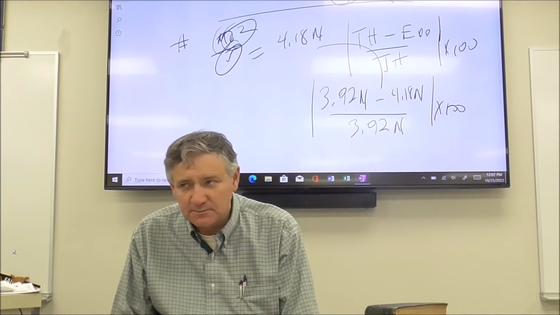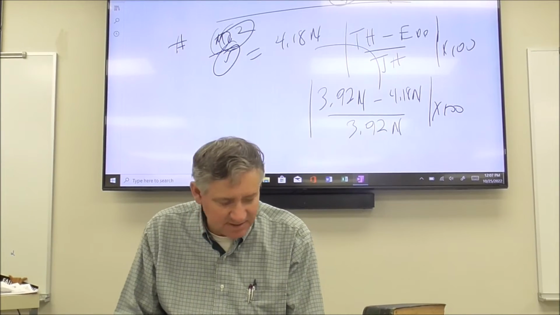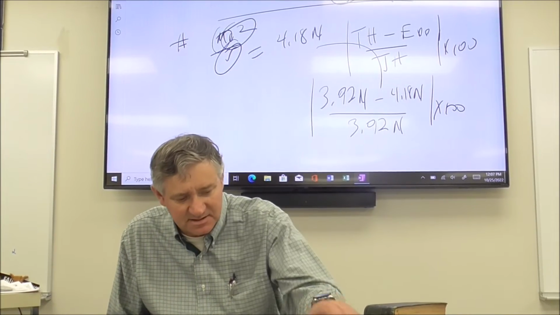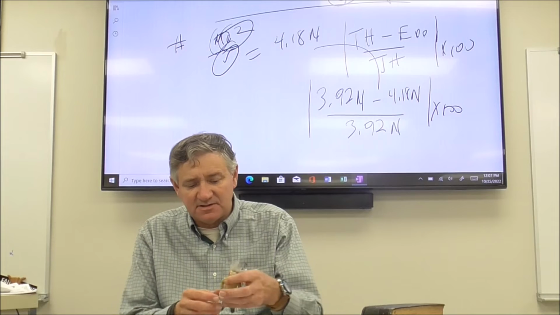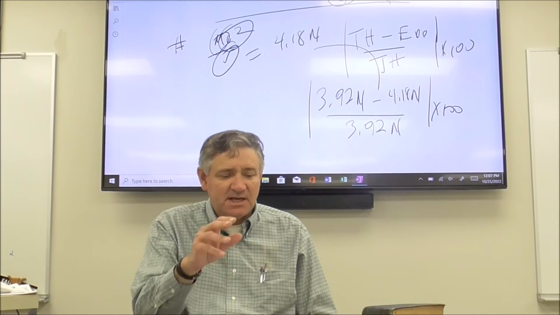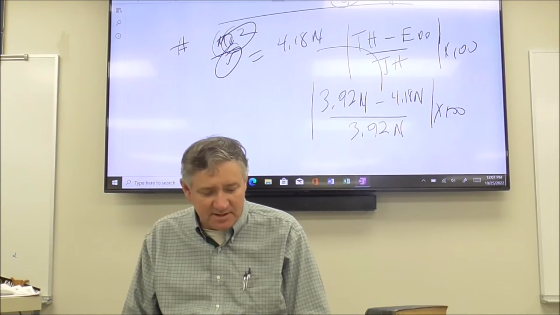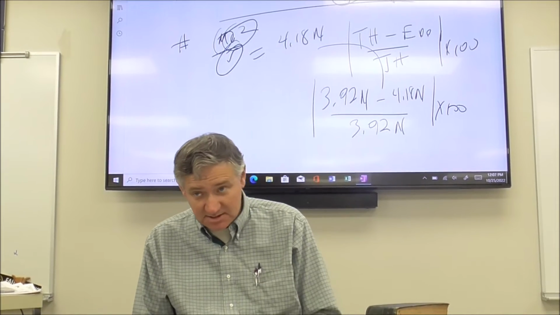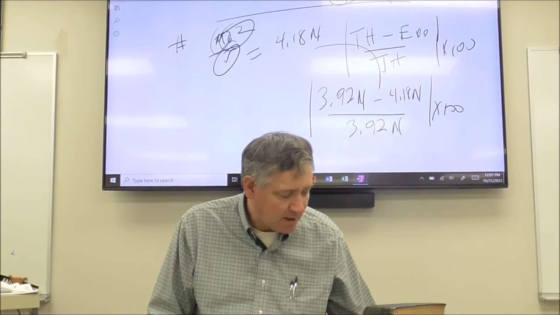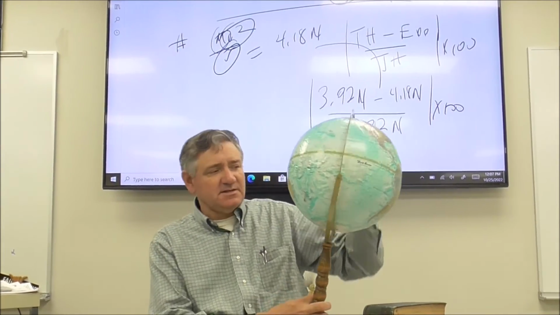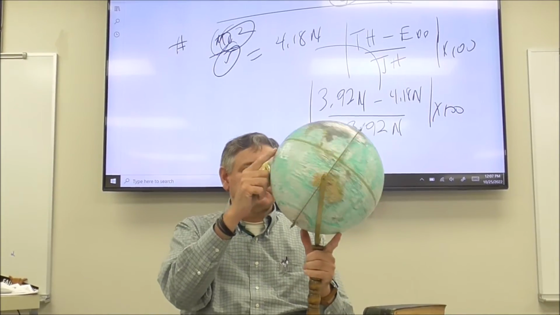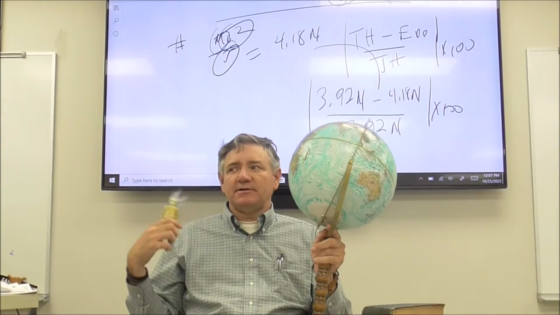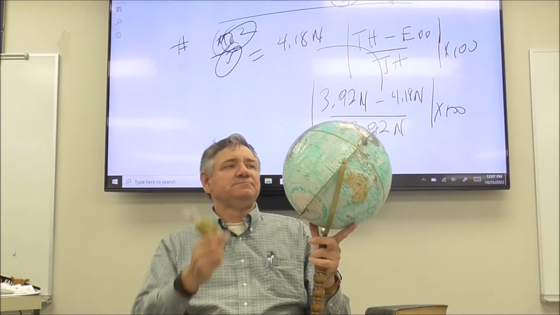Now, when you get to question number 16, let's talk about the significance of your answer to number 16. Your answer to number 16 should make an even worse GPA than your answer to number 15. Okay? So one of the things that they ran into was this argument about whether the Earth spins on its axis.